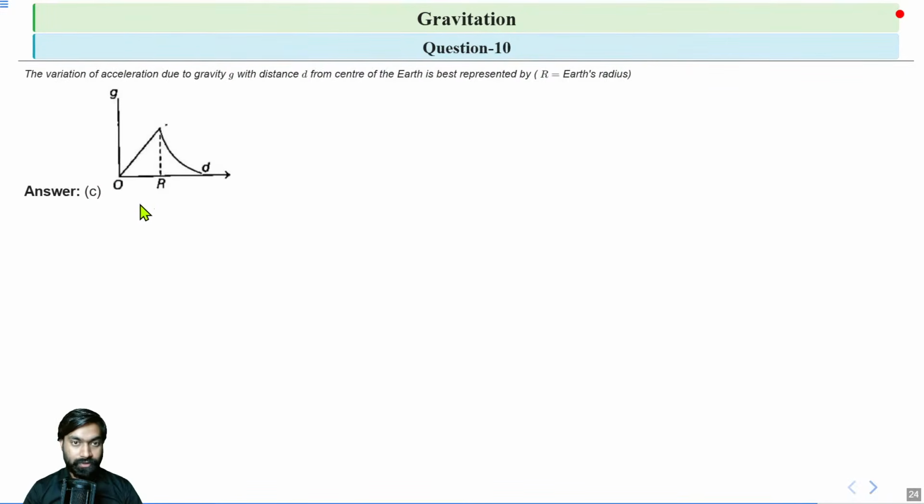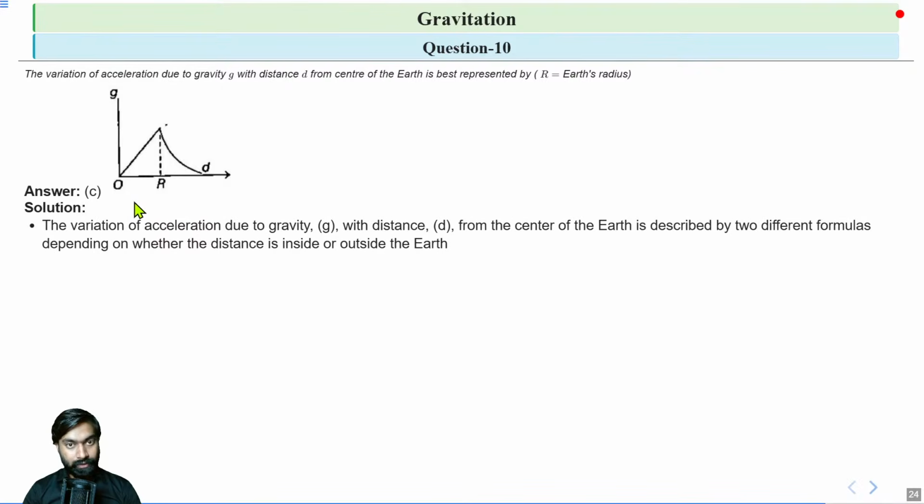So the correct option is C. Let's see. The variation of acceleration due to gravity, that is small g, with distance d from the center of the earth, is described by two different formulas depending on whether the distance is inside or outside the earth.